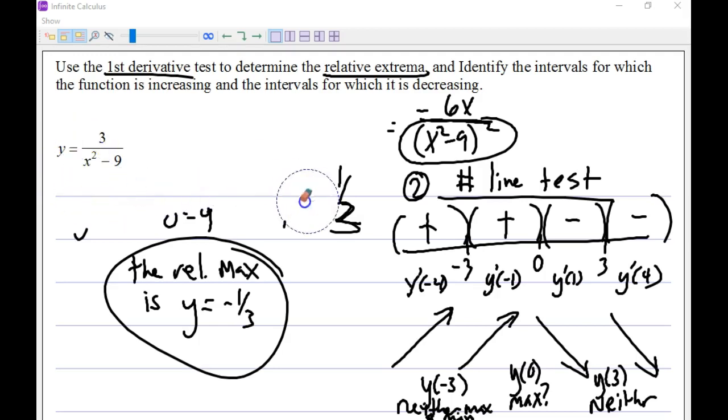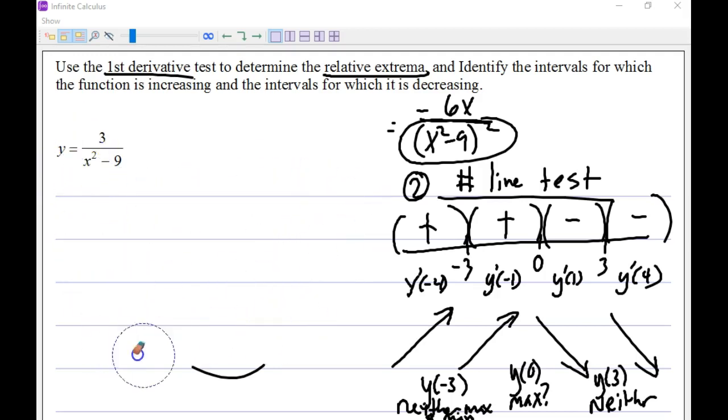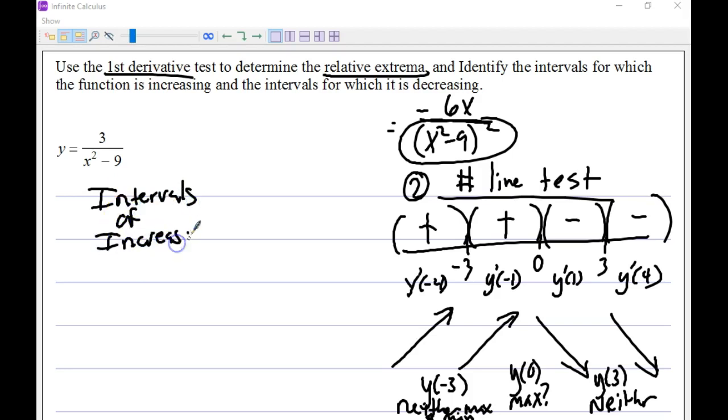Next part of the question, let's talk about the intervals because it did ask for that. So -3 is increasing, 0 is a cusp, and then 3 is decreasing. 0 may not be a cusp, but it looks like a cusp from how I drew it. So we would say that from what to what?